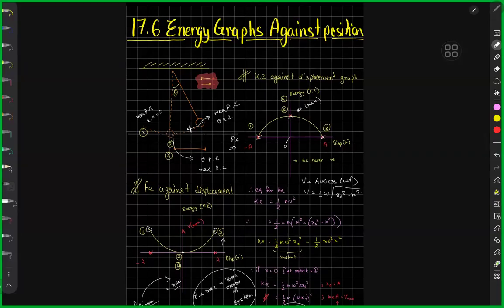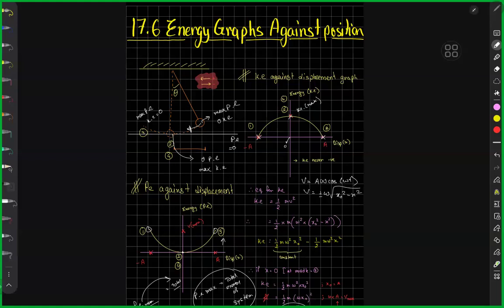If time is progressing, that also, vice versa, means the position of the bob is changing. It might mean the same thing. So if with respect to displacement I can say that my energy is changing, I can also say with respect to time my energy is changing, individually, that is, kinetic energy wise and potential energy wise.